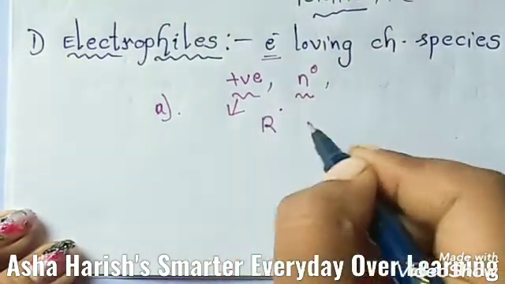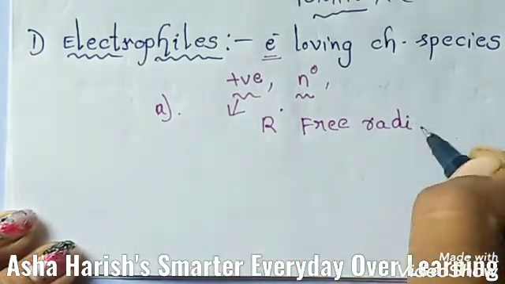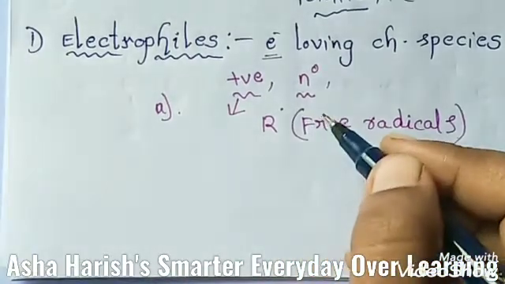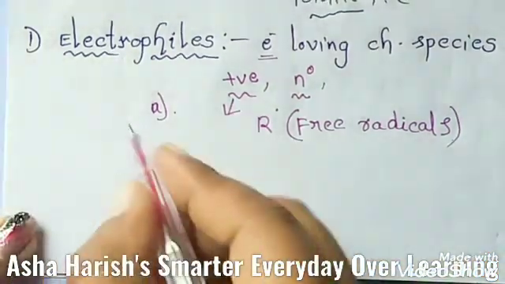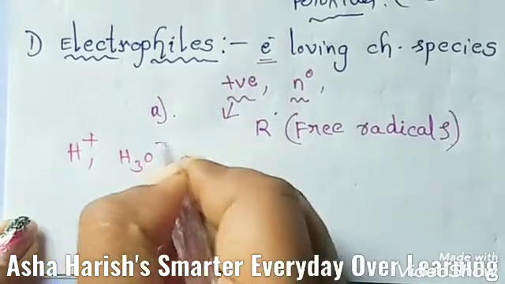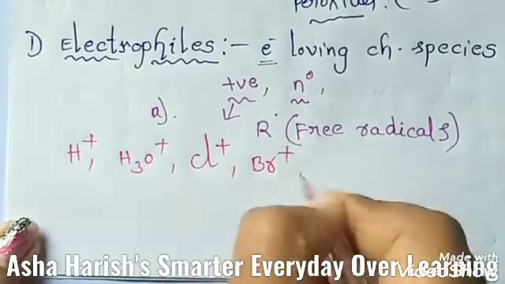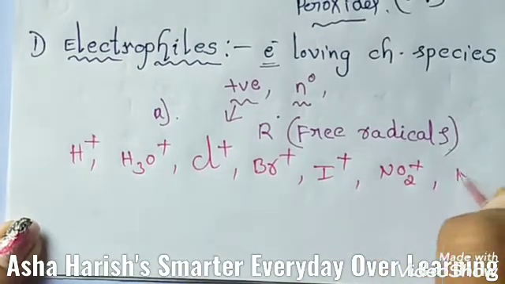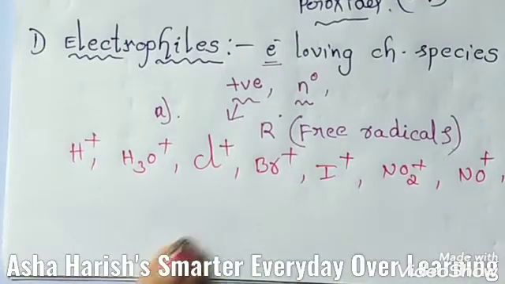Here, just examples I'm going to write: H plus ions, H3O plus hydronium ions, Cl plus, Br plus ions, I plus, NO2 plus, NO plus, R plus.